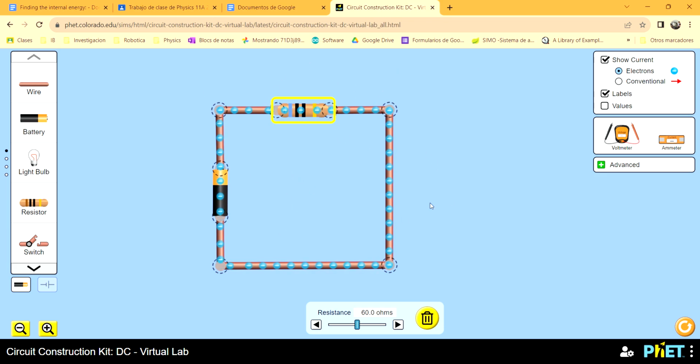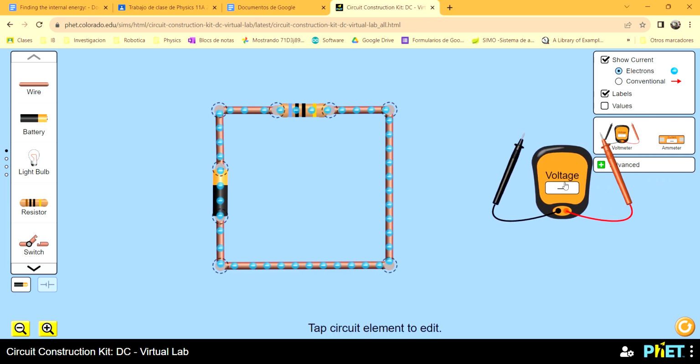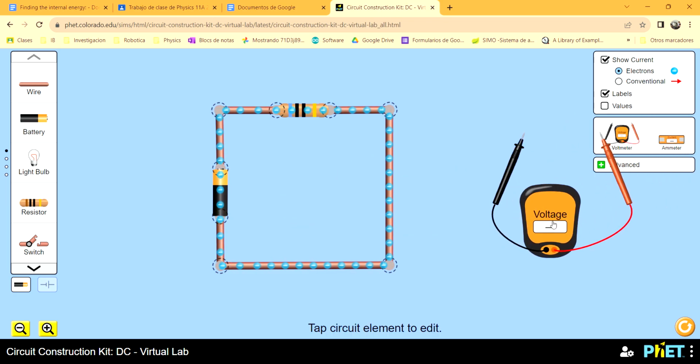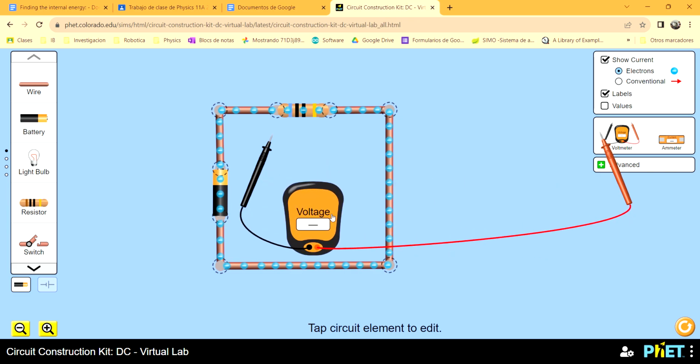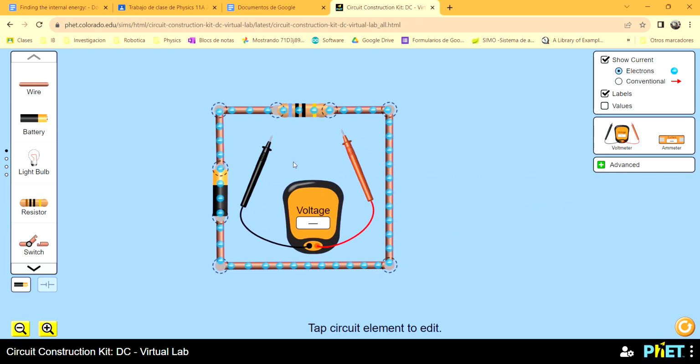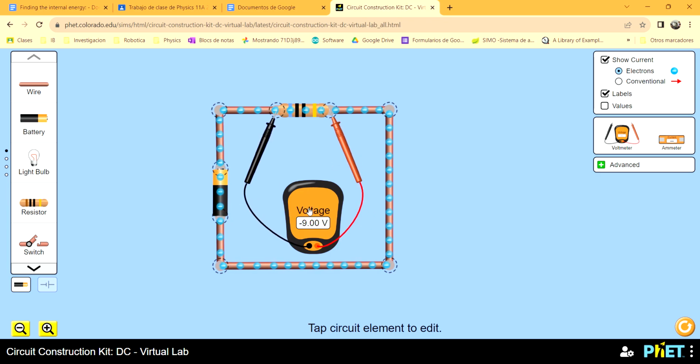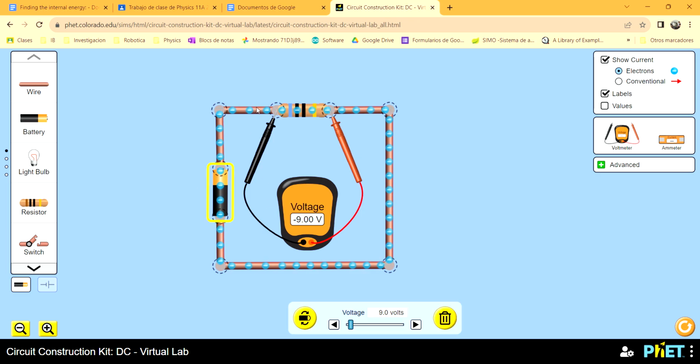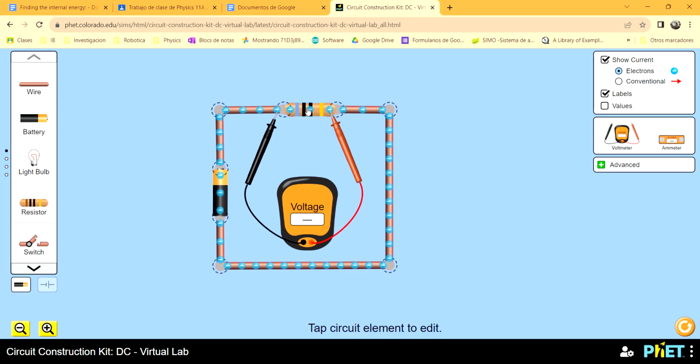Okay, so if I want to measure the voltage of this resistance, I need to take advantage of the fact that the voltage is the same in parallel. So I will measure this voltage in parallel. And because it's only one resistance, all the voltage of the source is now in the resistor, because in a certain way this resistor is in parallel with this battery.